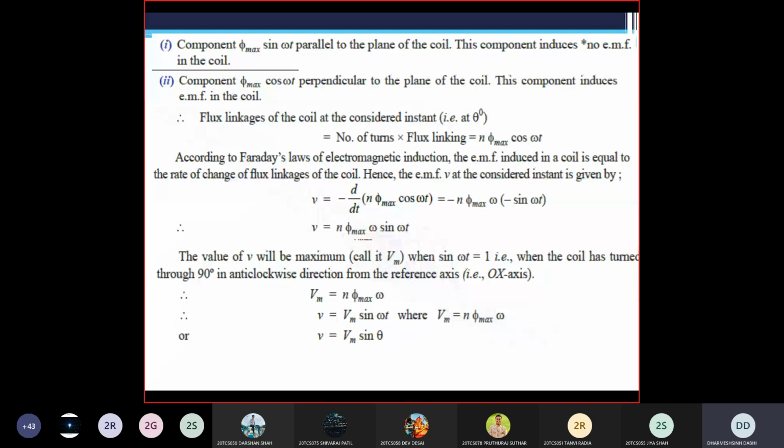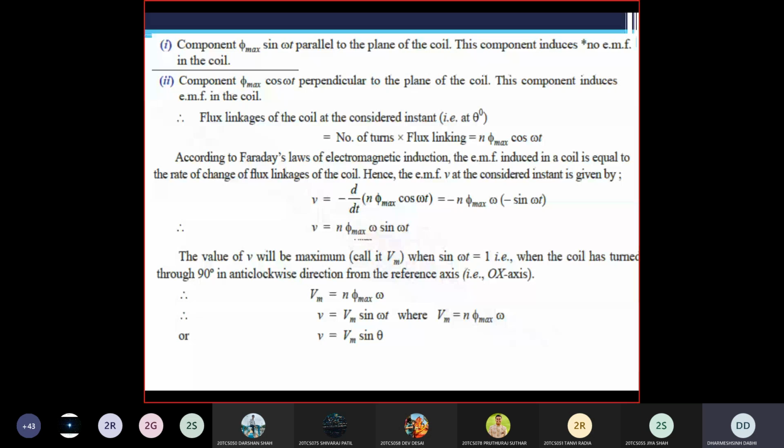In the same way as we derived the equation of induced voltage, alternating voltage, you can write the equation of alternating current also. So what does that equation become? If I want to write the equation of alternating current, I = Im sin theta. Yes, very good.